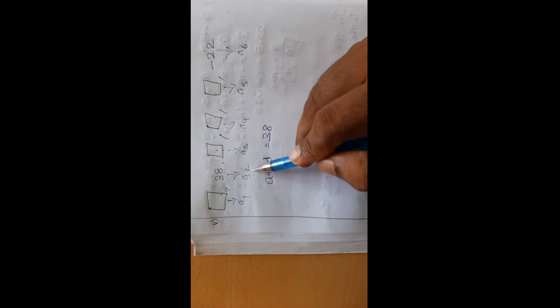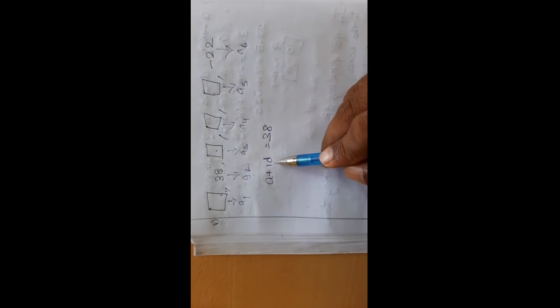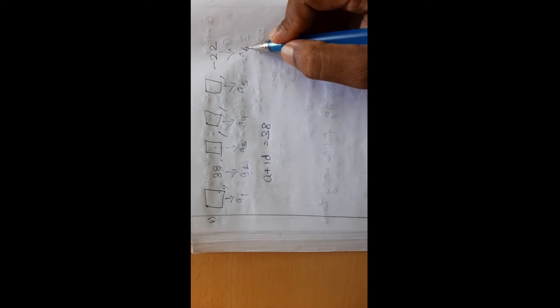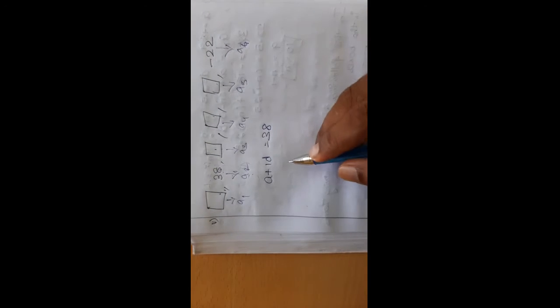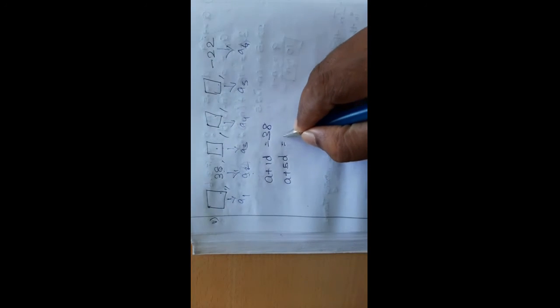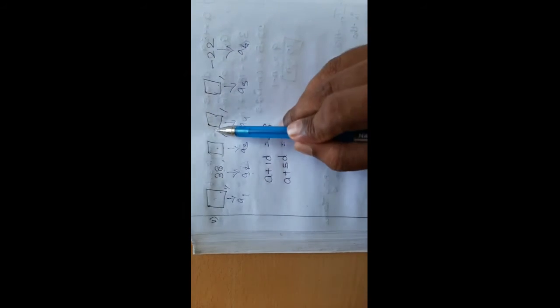So a2 is known. And what about the sixth term? It is a plus 5d. If it's 6, we represent one less than that multiplied with d. So a plus 5d is equal to minus 22. With these two given data, we have to find these boxes.